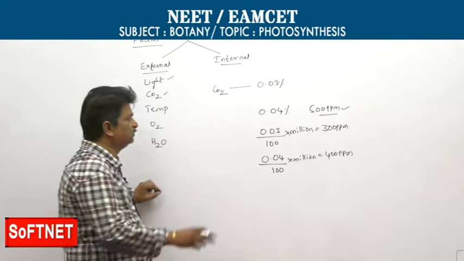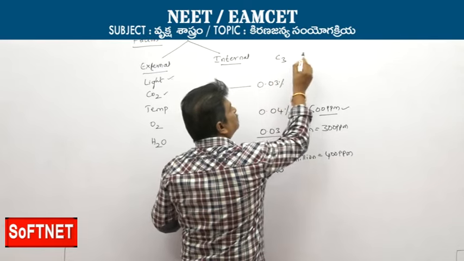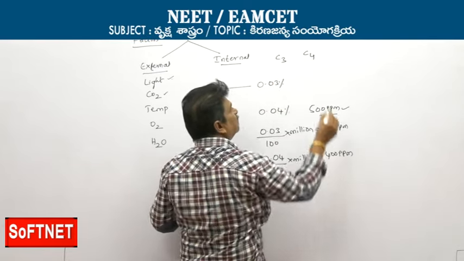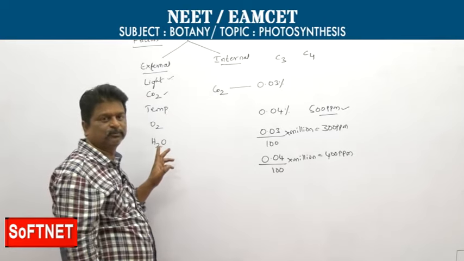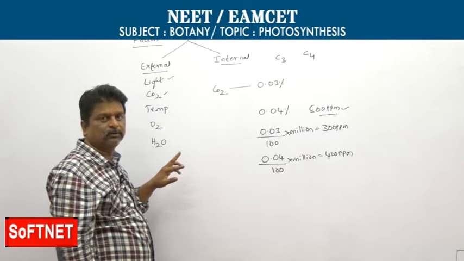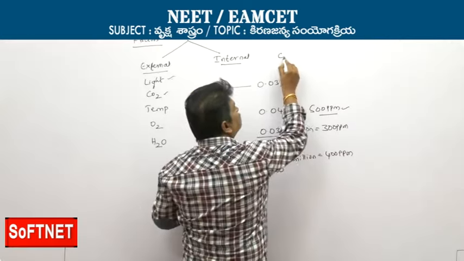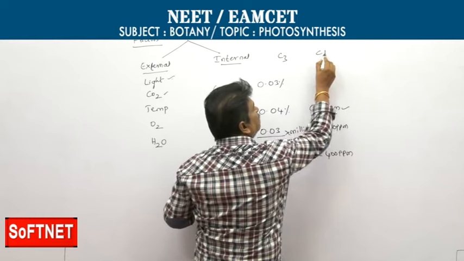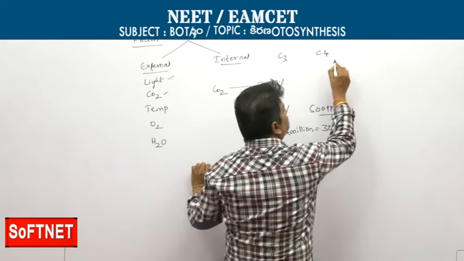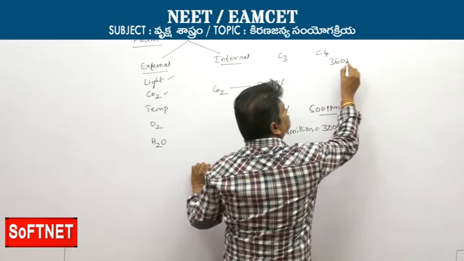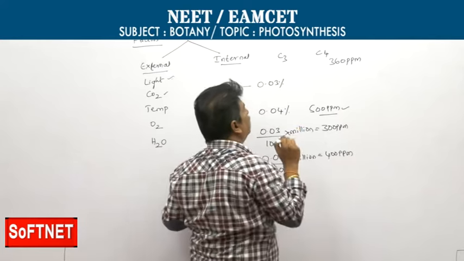Then C3 plants and C4 plants, at a low light intensity, both do not respond to carbon dioxide. C4 plants are saturated at 360 ppm of carbon dioxide.